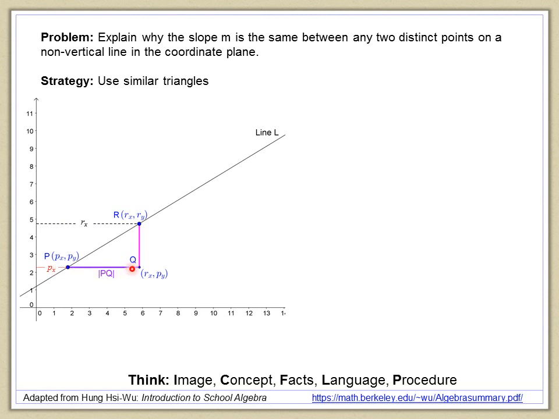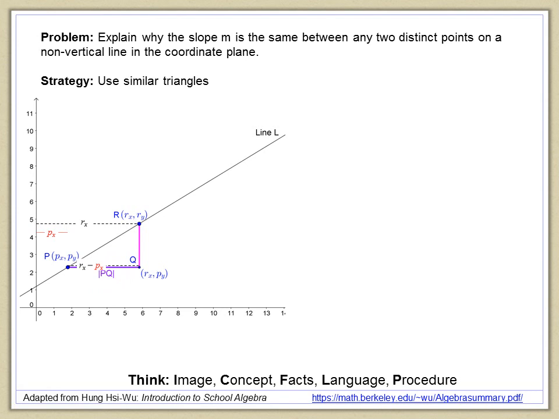So if we want to know the length PQ, then what we need to do is take Rx, and subtract off Px, and that's what's left over to give us the length of PQ.